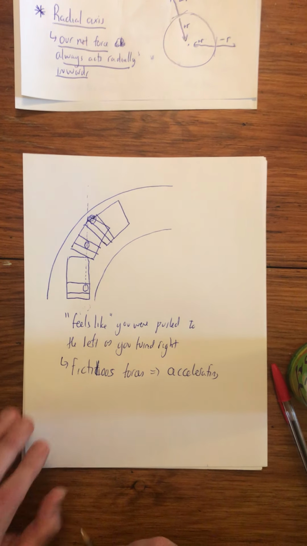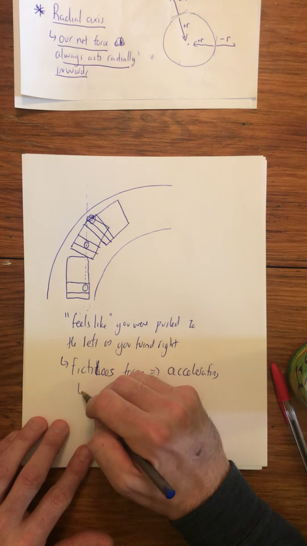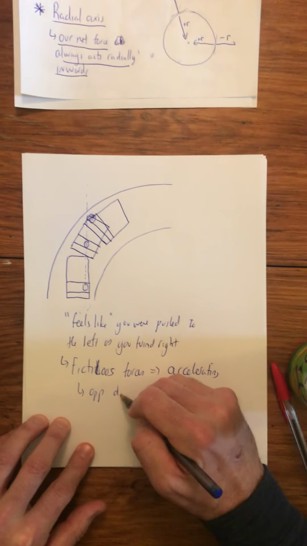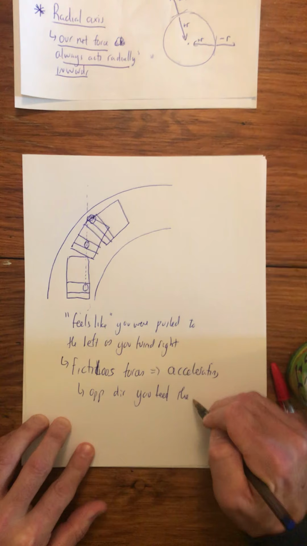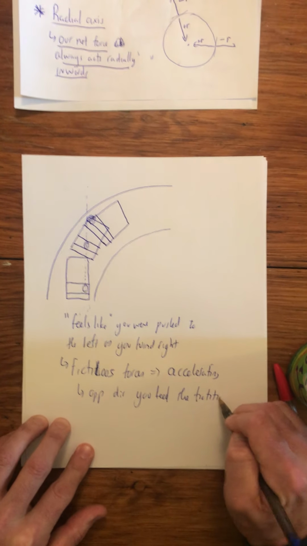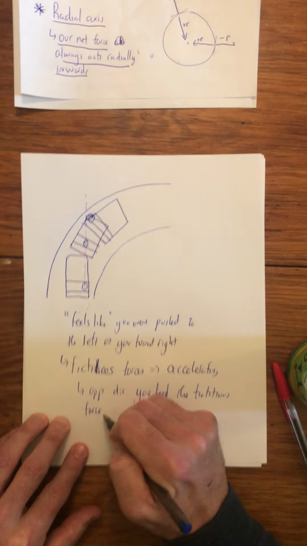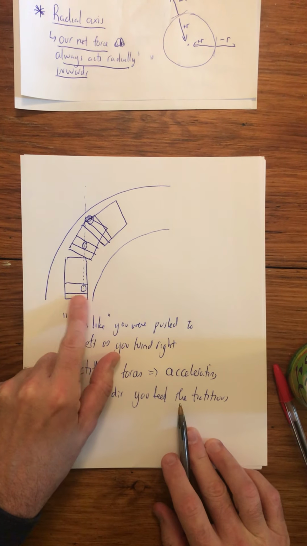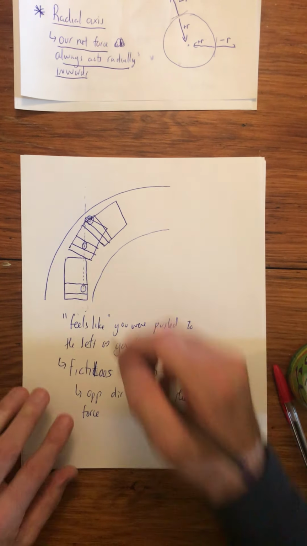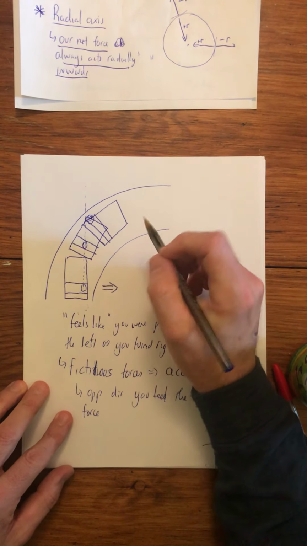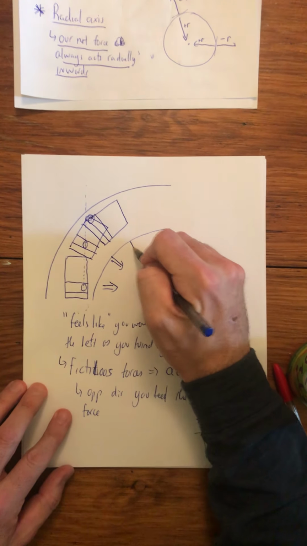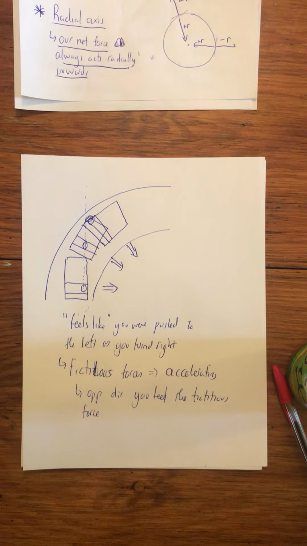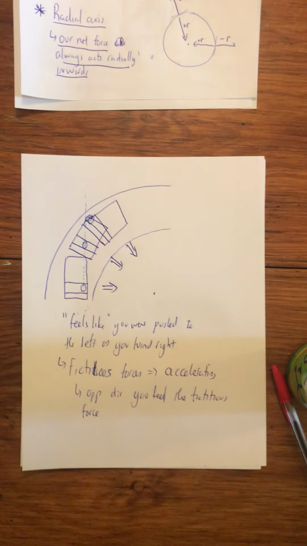And hopefully you remember what direction you're accelerating: you're accelerating opposite the direction you feel the fictitious force. So here, because I felt pushed to the left, I must be accelerating to the right. So this object is accelerating this way. I feel pushed that way, I must be accelerating this way. Once again, verifying that I'm accelerating inwards towards the center of that circle.